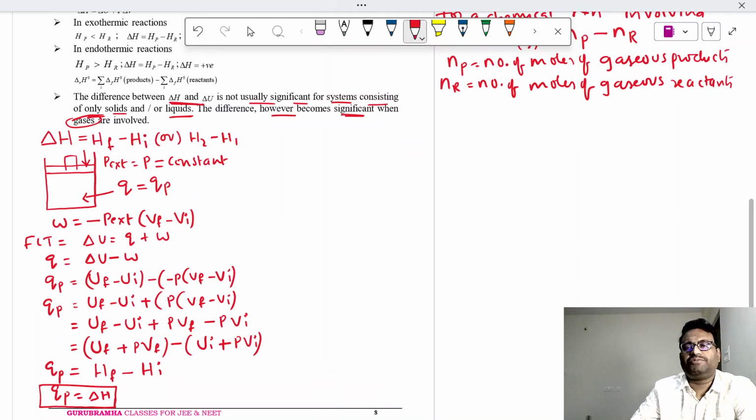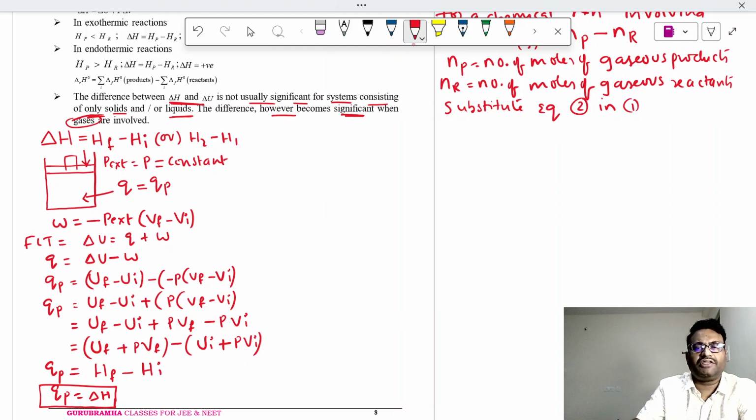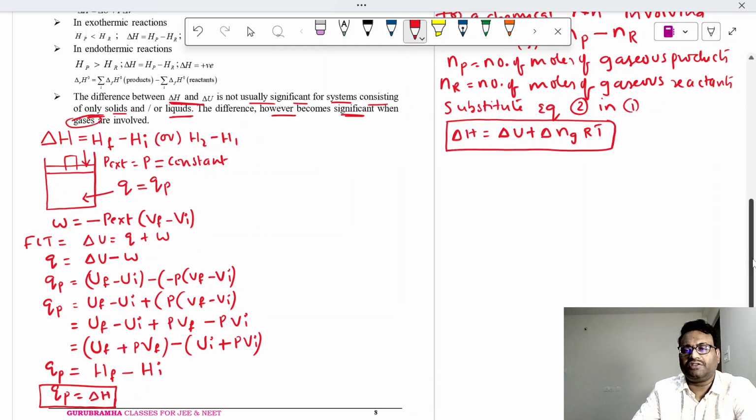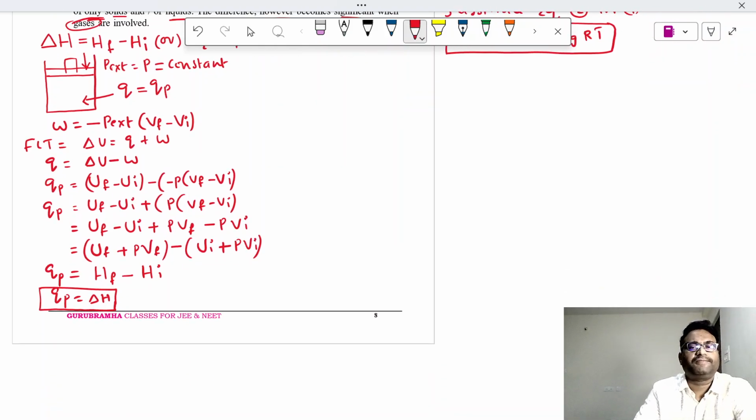Now substitute equation 2 in equation 1. Then what do we get? Delta H is equal to delta U plus delta Ng RT. This formula is very important. Based on this formula, we are asked questions in competitive exams.